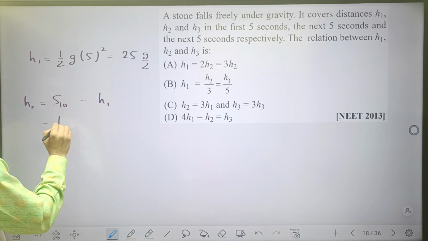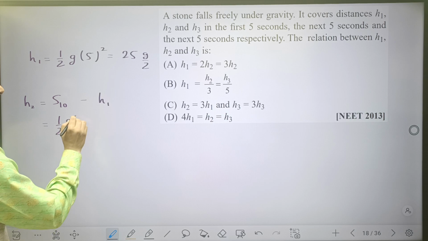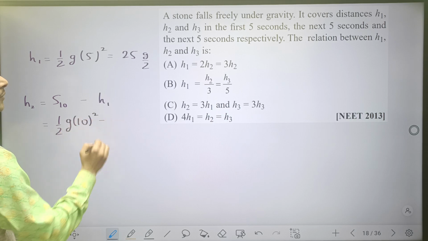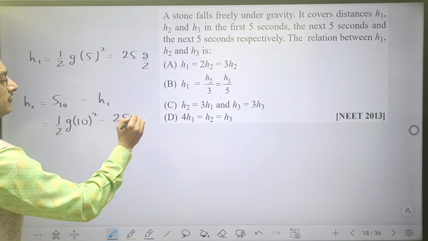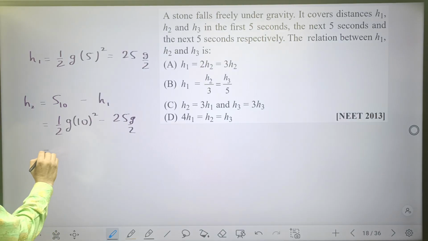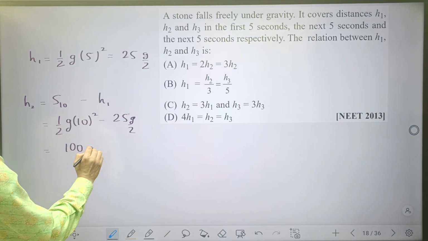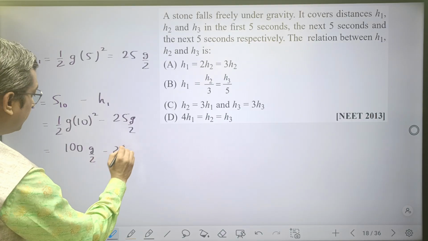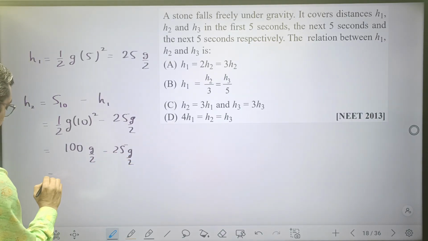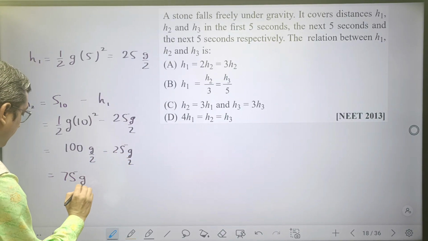So here it is half g 10 square minus 25 g by 2, that is 100 g by 2 minus 25 g by 2. So this is 75 g by 2.